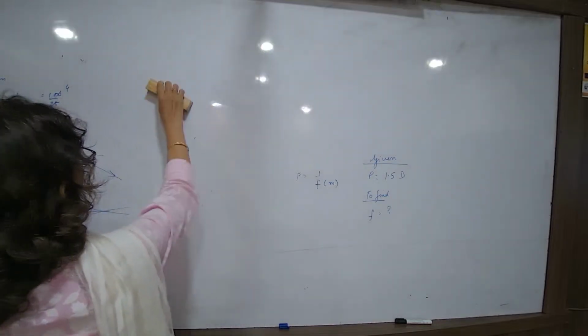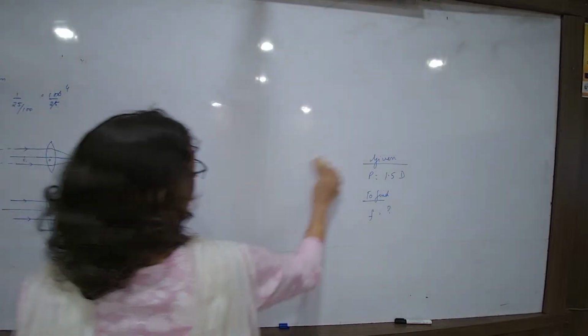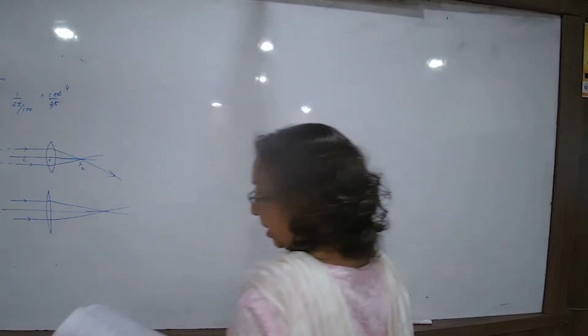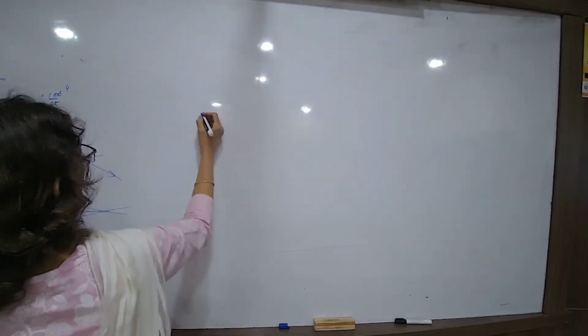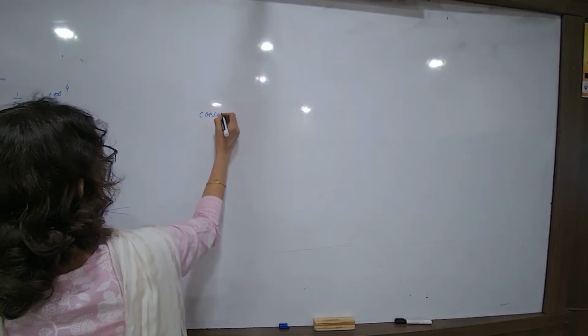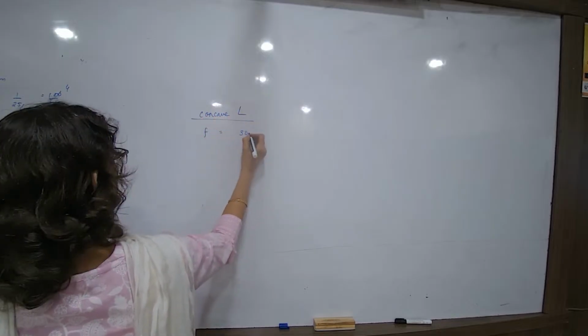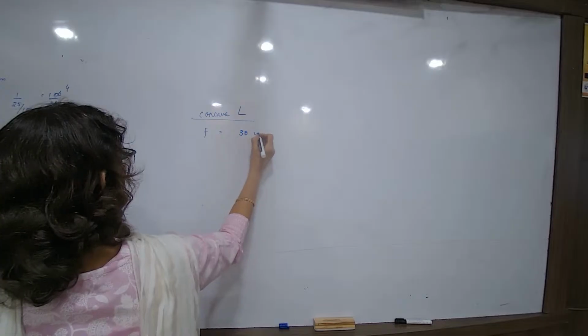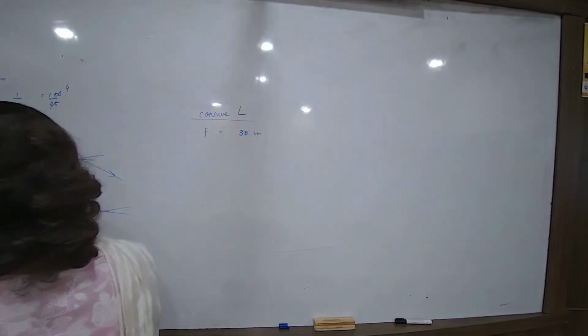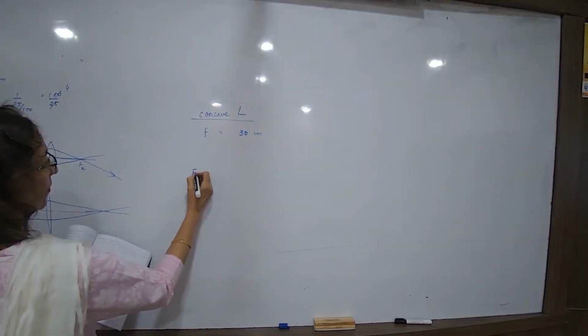Now I'm putting down the data here, you can just record. Focal length of the concave lens, they have already given you, right? Focal length is 30 centimeters, right?